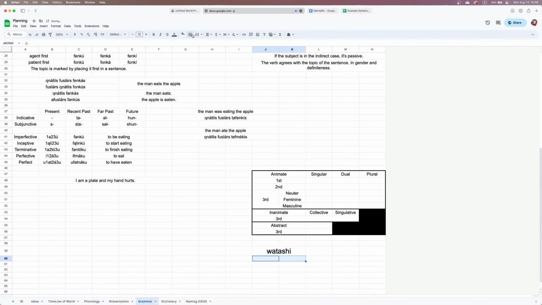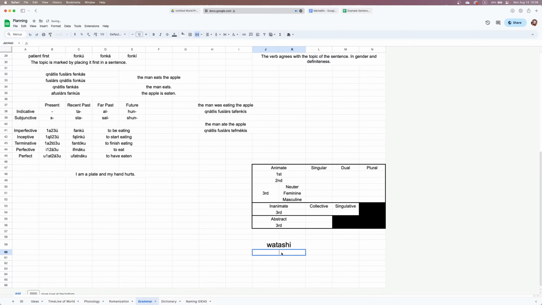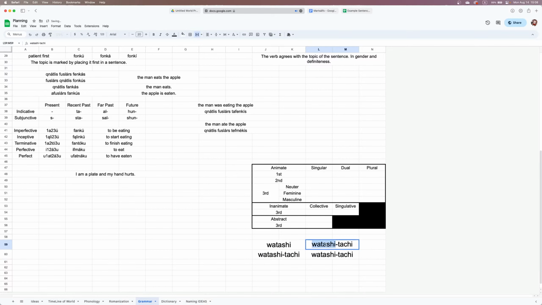And then you have watashitachi, where tachi is a marker that marks the plural of animate groups of nouns. You'd also use tachi for gakusei, which means student. You'd say gakuseitachi for a group of students. So there are two things there.